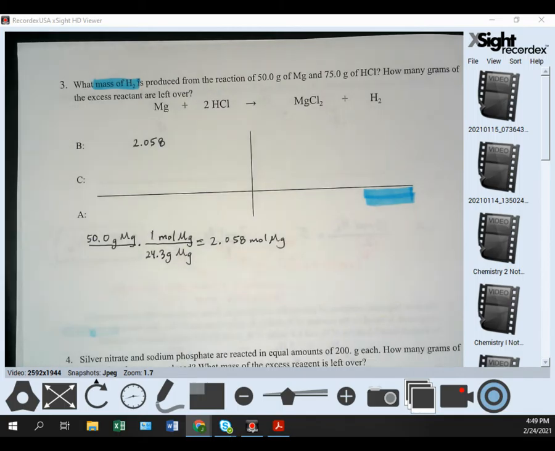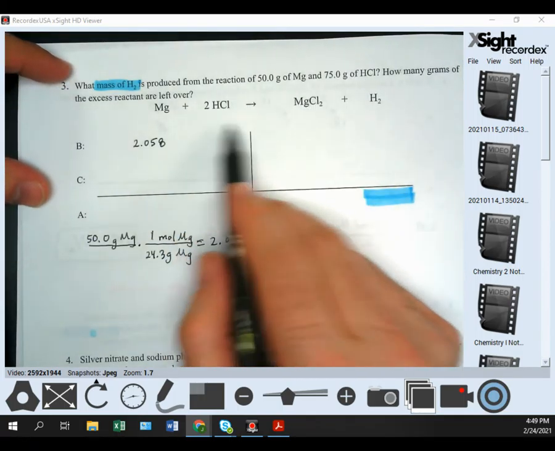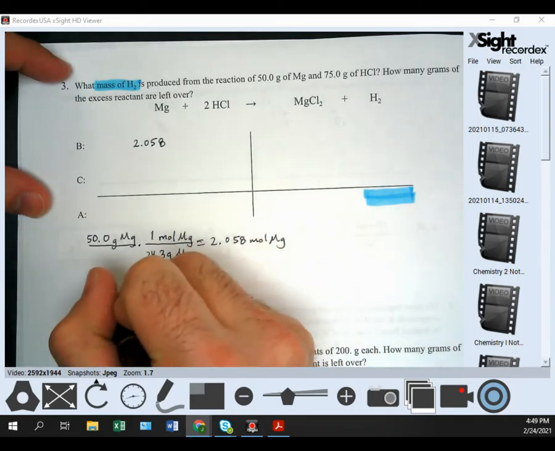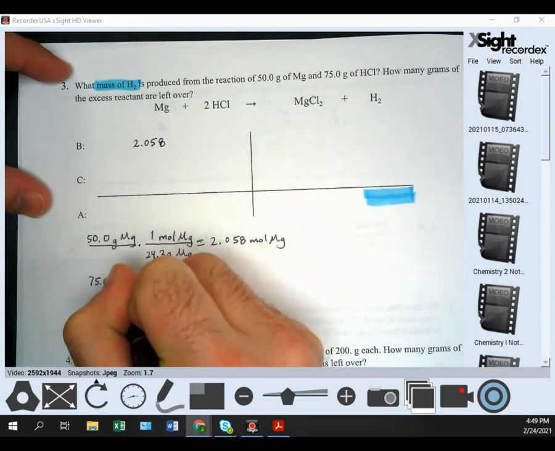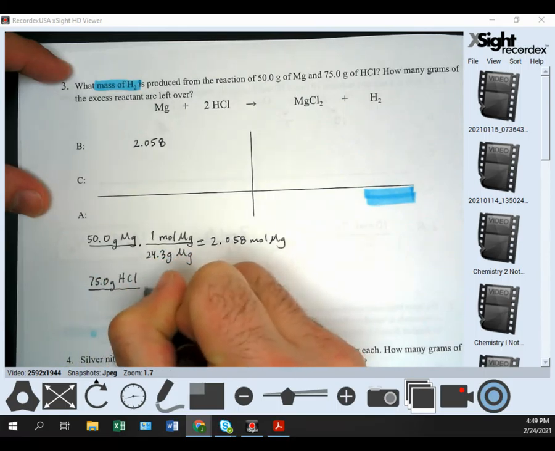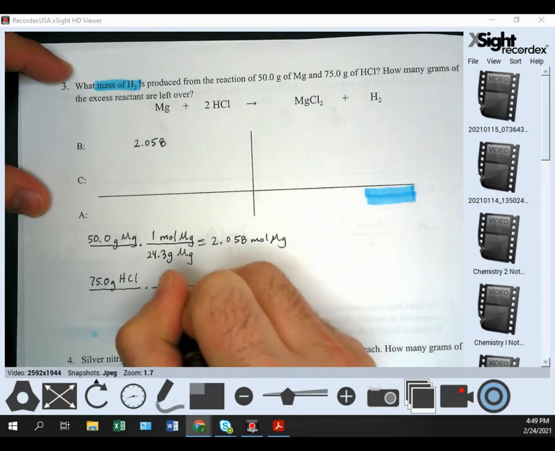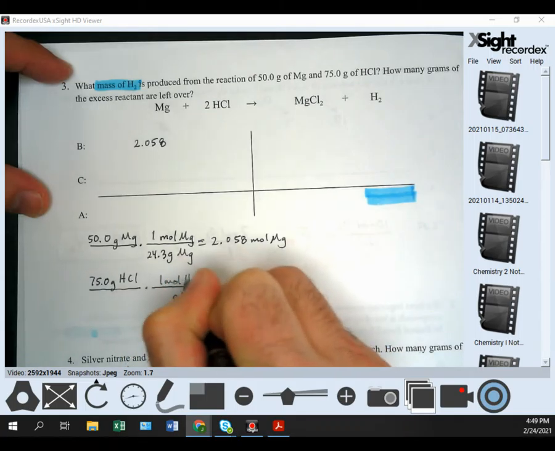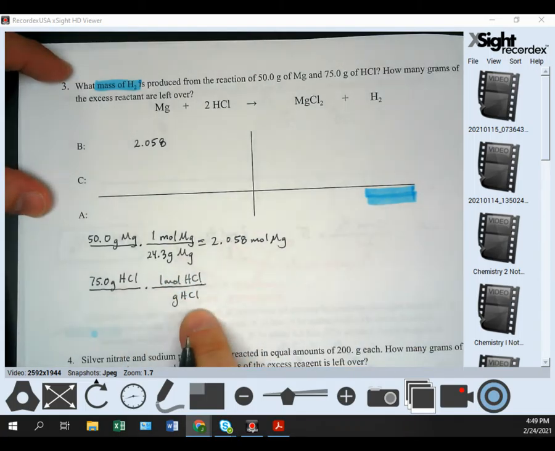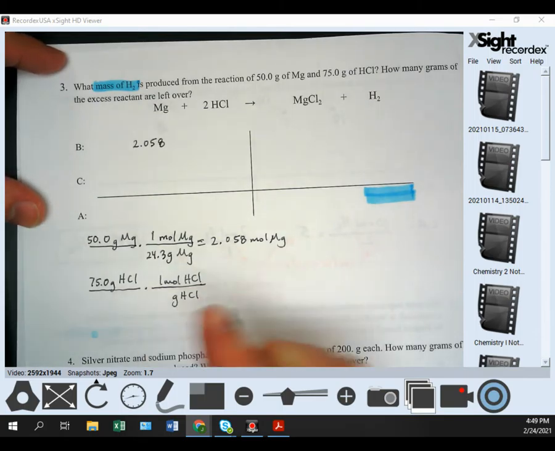Now we need to do the same thing for the hydrochloric acid. We need to find out how many moles we're starting with. So we take 75 grams of hydrochloric acid and convert grams of hydrochloric acid to moles. It's 1 for the mole. Hydrochloric acid, chlorine is 35.5, there's only one of them, and hydrogen's 1, so it's 36.5.